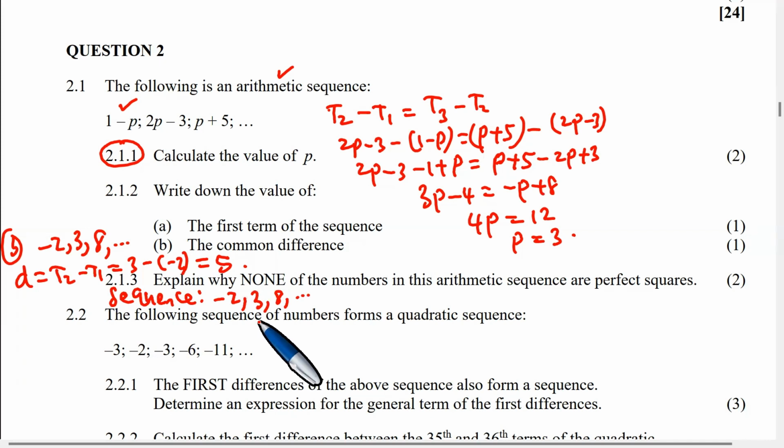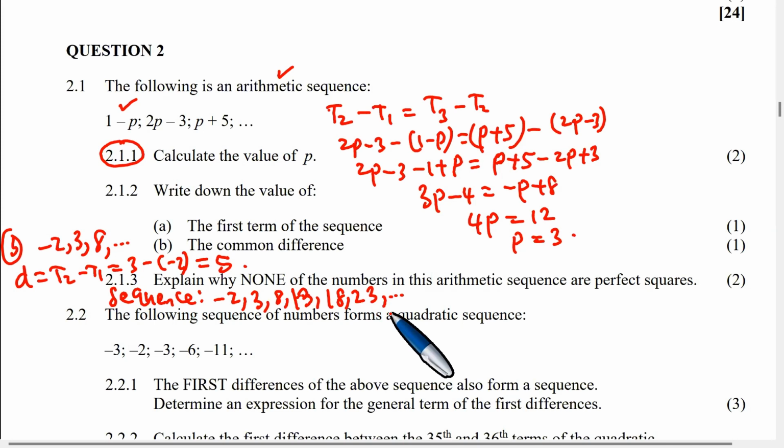For example, what are the rest of the terms that are part of these? So you can extend these and say minus 3, minus 2, 3, 8. Right, and then you extend this sequence. What is the common difference? You've seen the common difference is 5. So it means that you're adding 5 to the preceding term to get the next one. And then you add 5 to 8, you get 13. You add 5, you get 18. You add 5, you get 23, and so on.